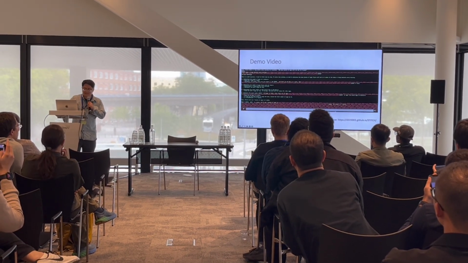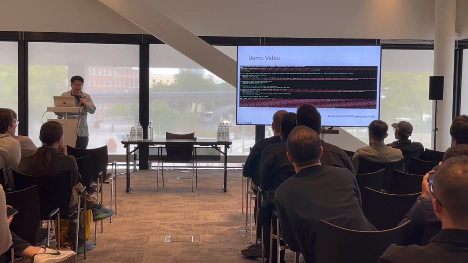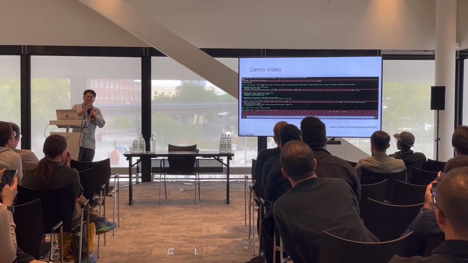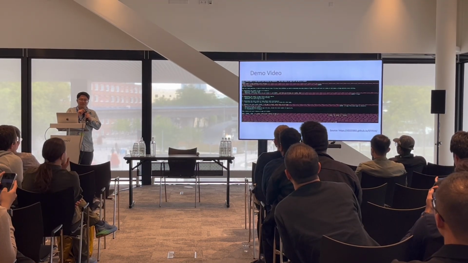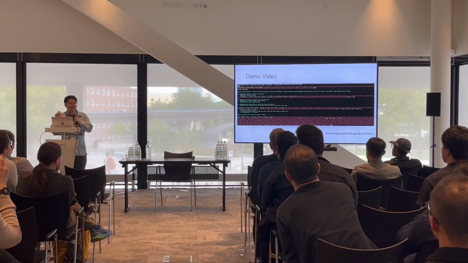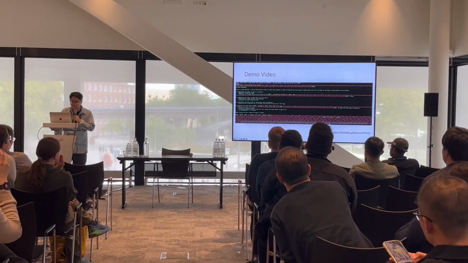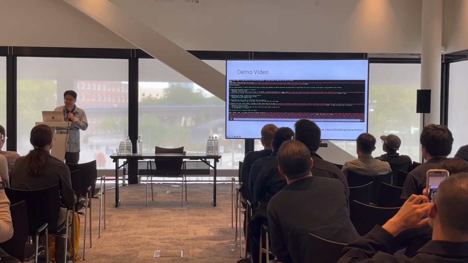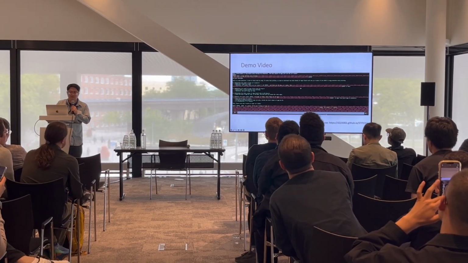I know the characters here are small, so let me describe it a little bit. The green tokens are reasoning tokens. They are tokens generated behind the scene, so the model does not really read those green tokens. The yellow tokens are text tokens, and the red tokens are audio tokens.